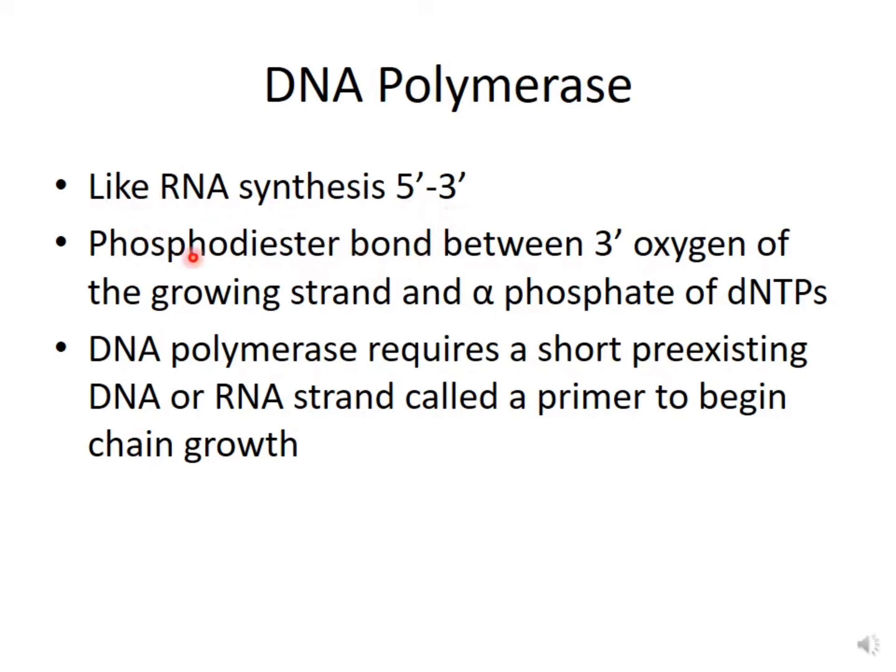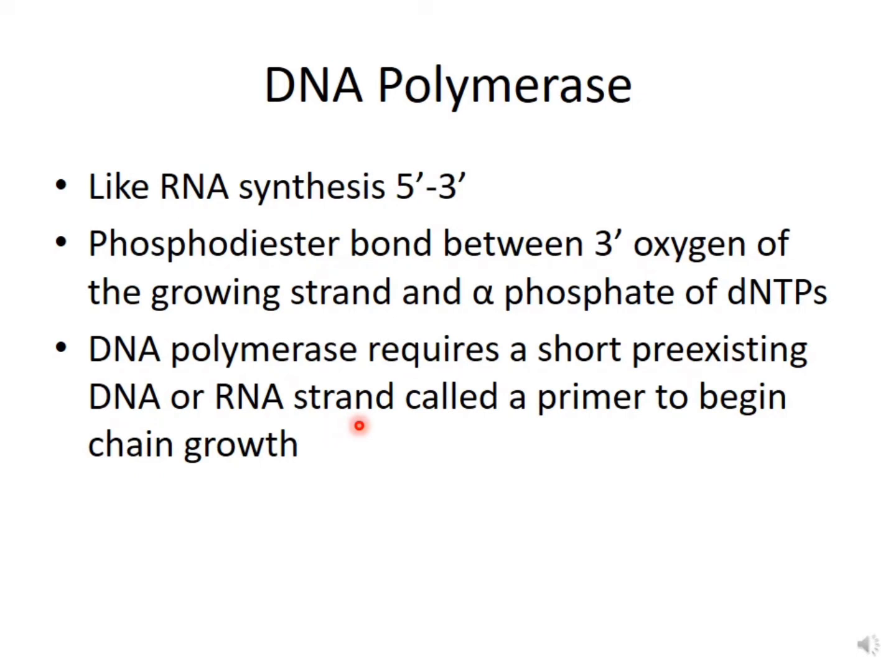A phosphodiester bond is also formed, similarly to RNA, between the 3' oxygen of the growing strand and the alpha phosphate of the dNTPs. One of the major differences between DNA polymerase and RNA polymerase is that DNA polymerase requires a short pre-existing DNA or RNA strand in order to bind to it and continue its growth.